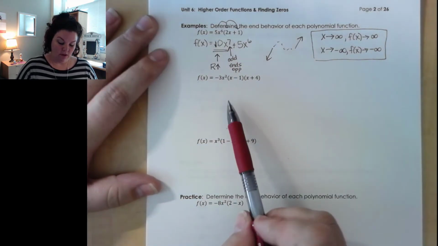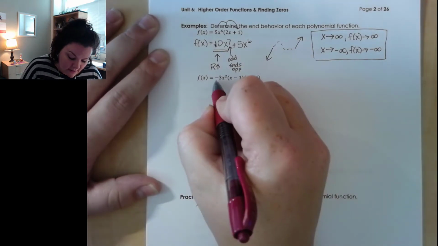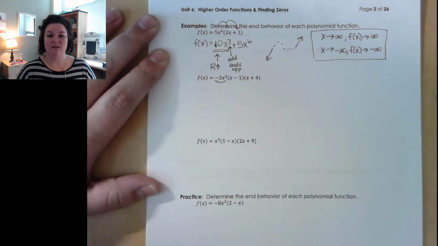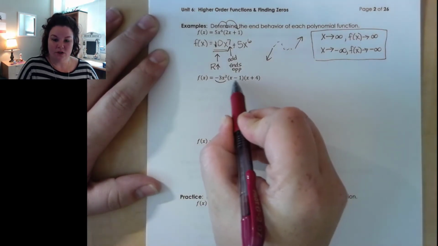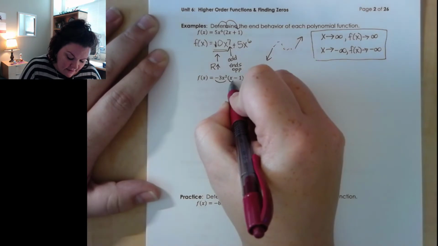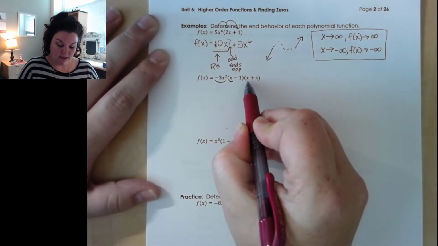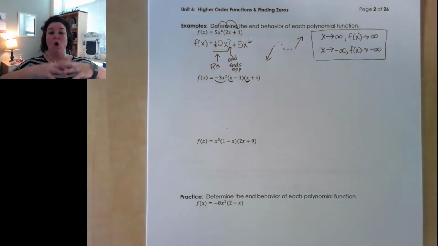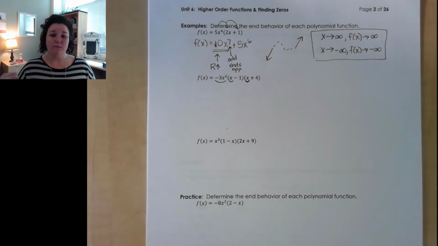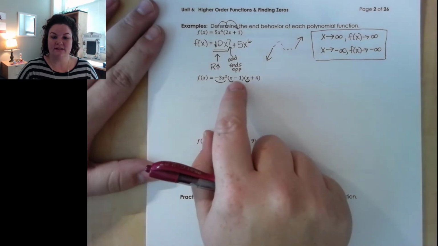So let's look at this one. Well, this one only has one term, negative 3x squared, so that's gonna take part in my highest degree term. Inside this factor, the highest degree term is the x, right? And in this factor, my highest degree term is also an x. So my highest degree term for the whole polynomial, when I multiply it out, is going to be the term that I get from multiplying negative 3x squared times x times x.